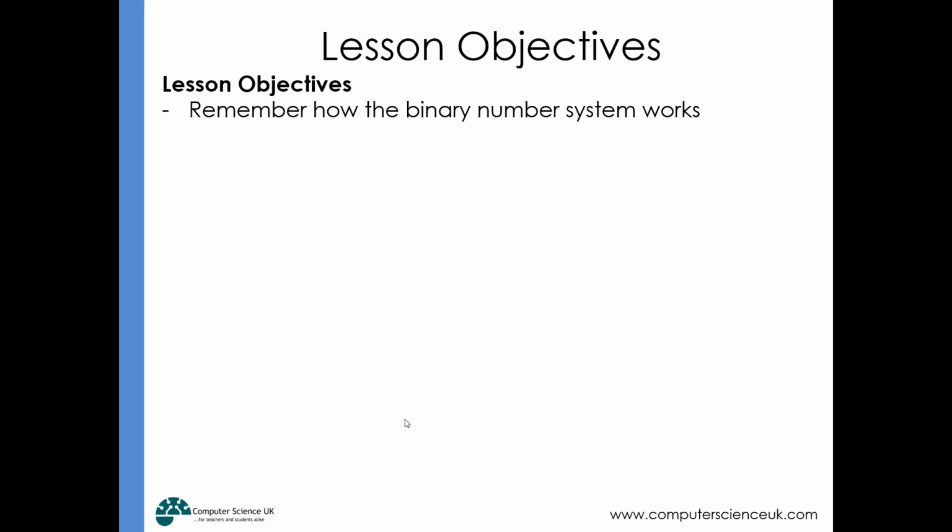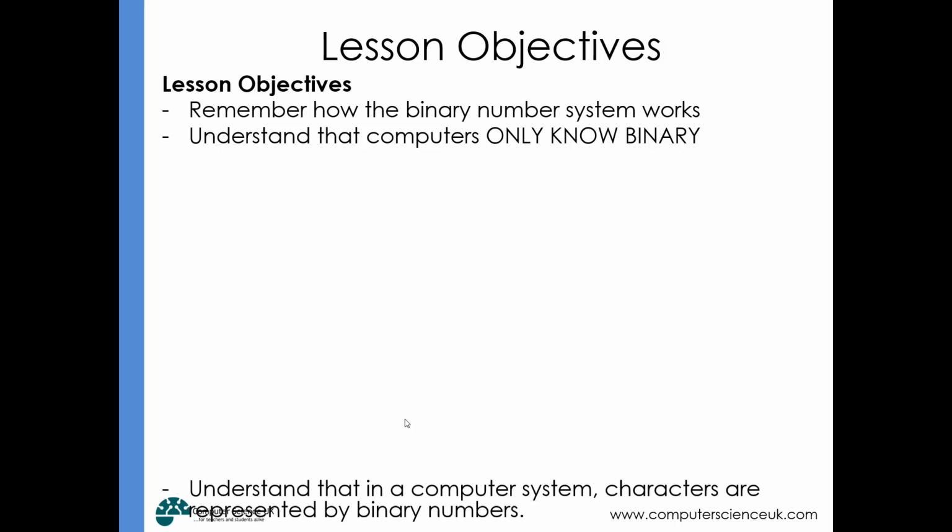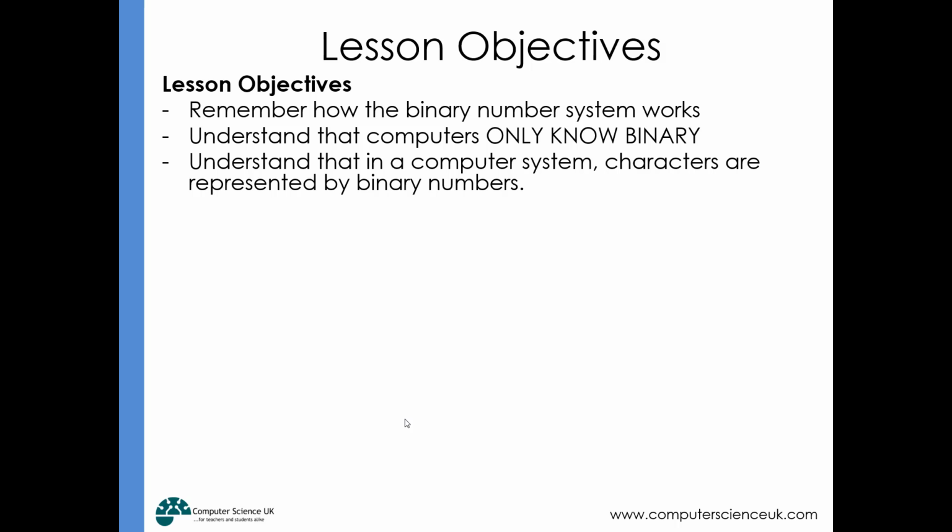I want us to take a quick reminder of how the binary number system works. We're going to understand why computers can only work in binary, and understand that in a computer system characters, whether they're letters or symbols on a keyboard, are all represented with their own unique binary numbers.